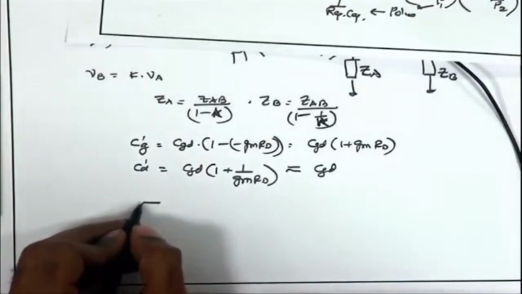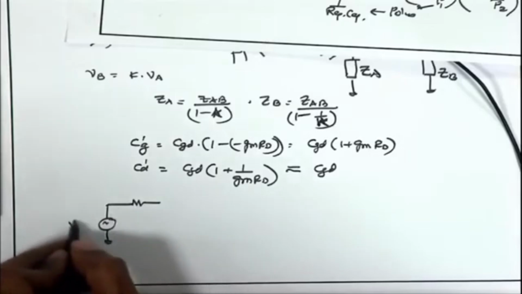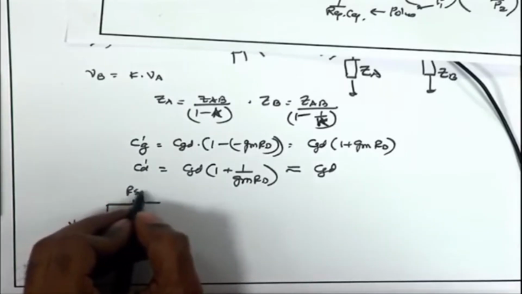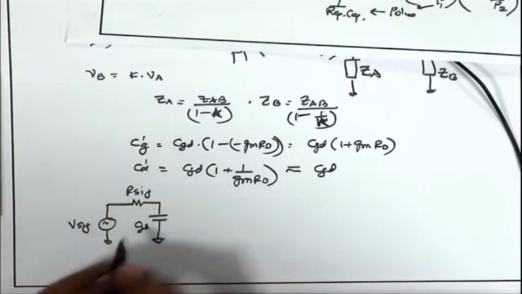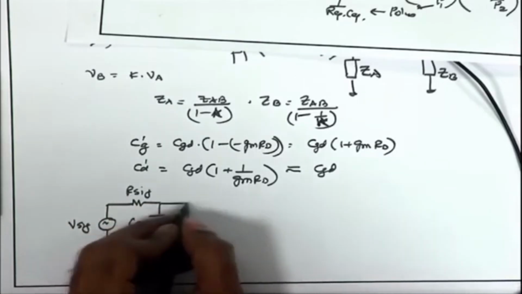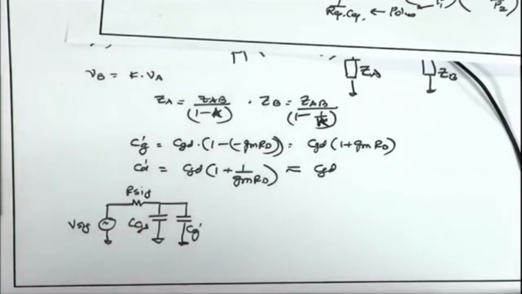Now, my new simplified small signal model has CGS, it has CG dash, which I obtain by breaking the CGD.